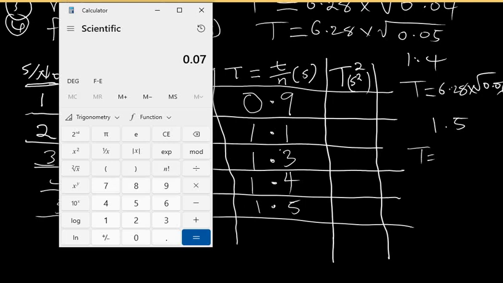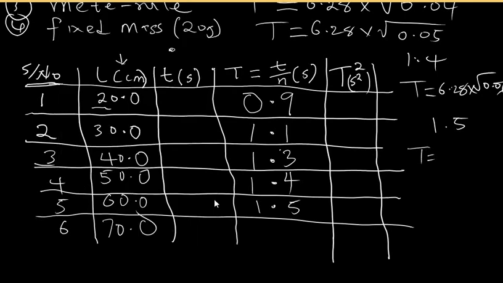We do the square root of 0.07, then multiply by 6.28. Here we go. 1.7 approximately.